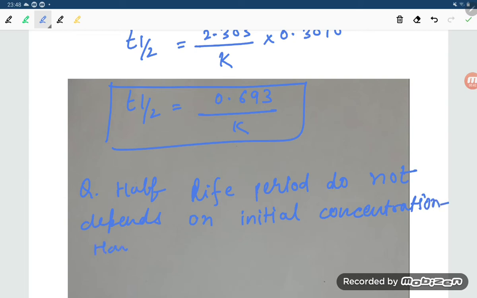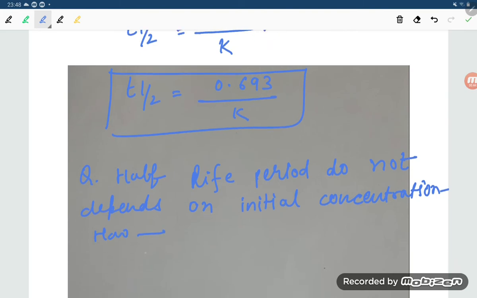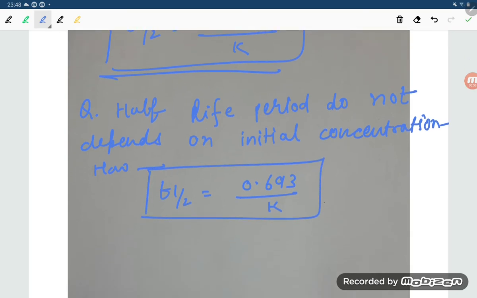How? Dear student, if you see the equation we got, t half is equal to 0.693 upon k. In this equation there is no initial concentration.